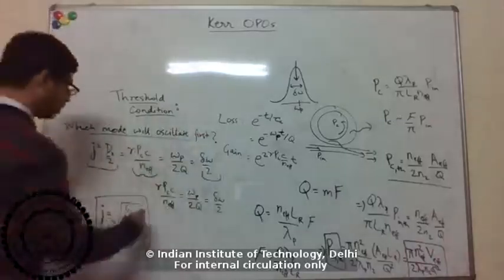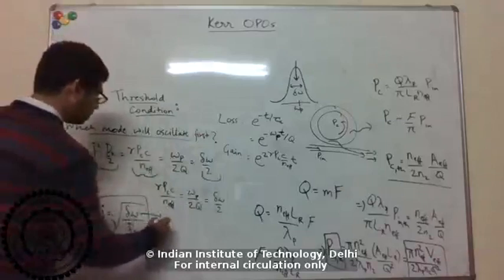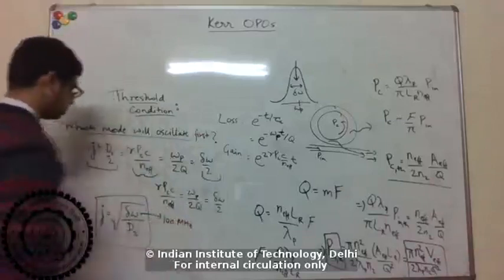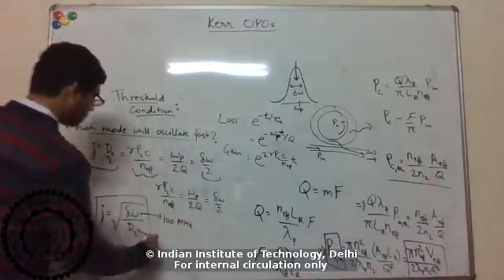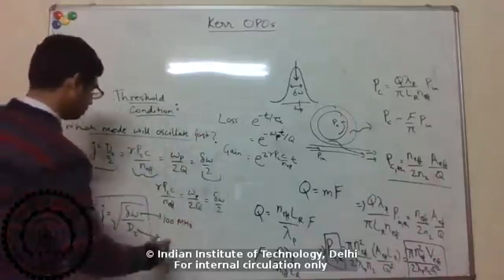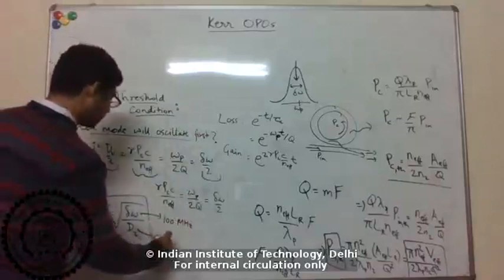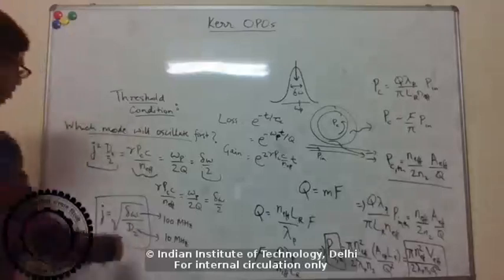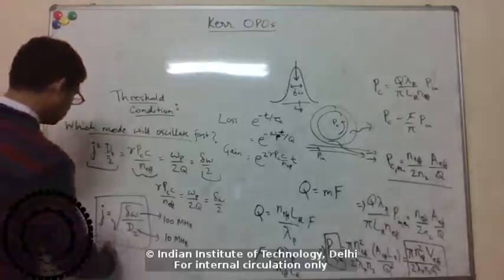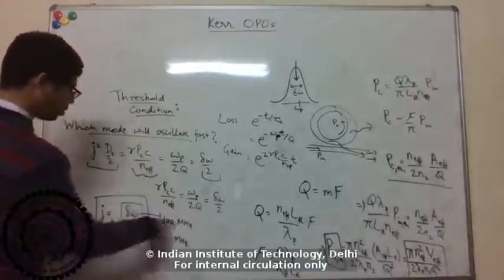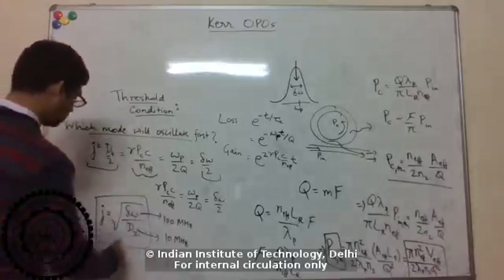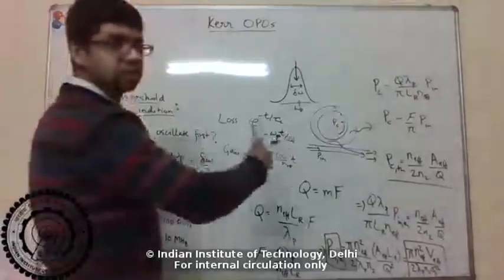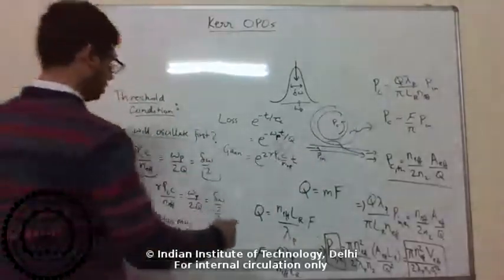So for example, if the cavity line width is 100 megahertz, and if this D2 value is 10 megahertz, then you can see j will be close to 3, like square root of 10 will be 3 point something. So the closest integer will be 3. So that will be the third mode from the pump. Right?